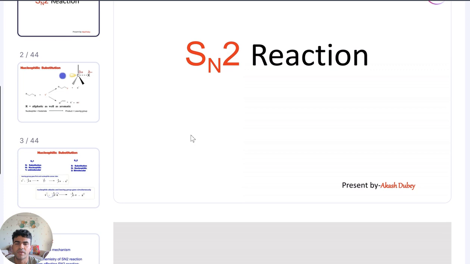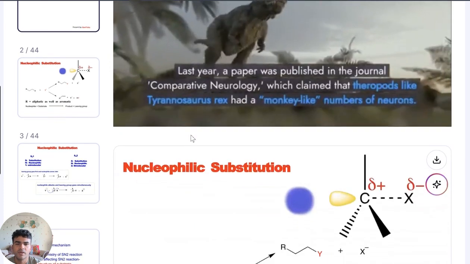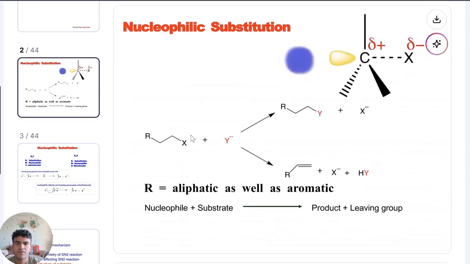I picked up this slide from the slides here. So SN2 is nucleophilic substitution. What is nucleophilic? A nucleophile is attracted towards the nucleus. The nucleus is positively charged, so the nucleophile itself is negatively charged, so it will be attracted towards the positive charge.